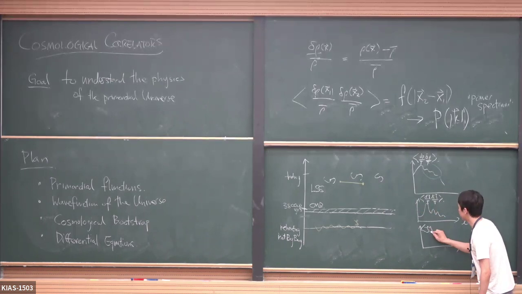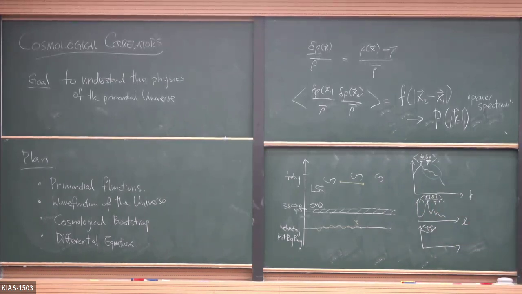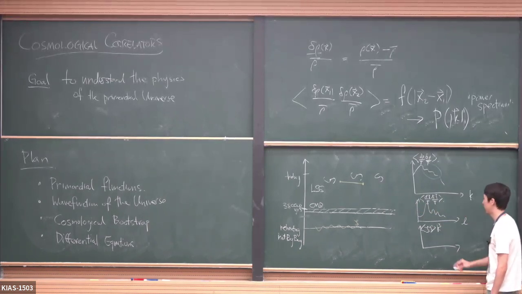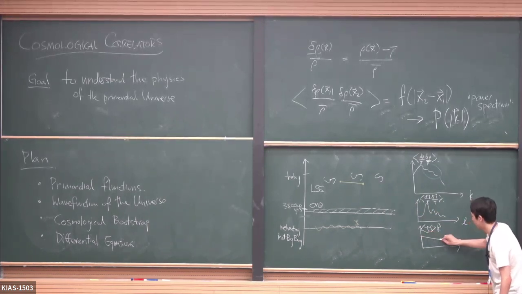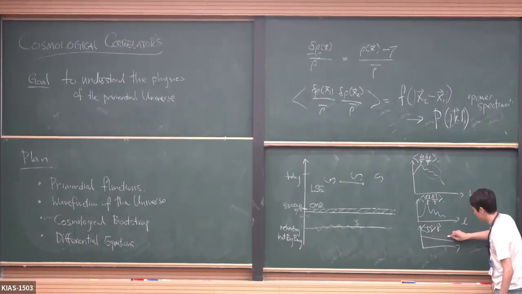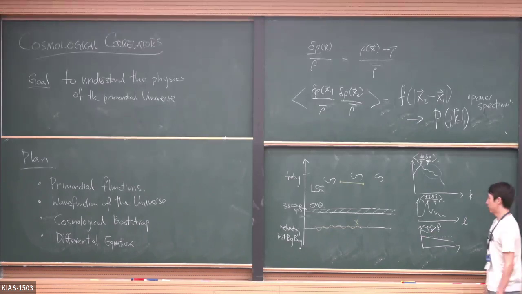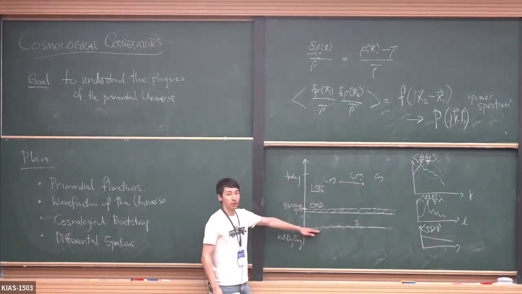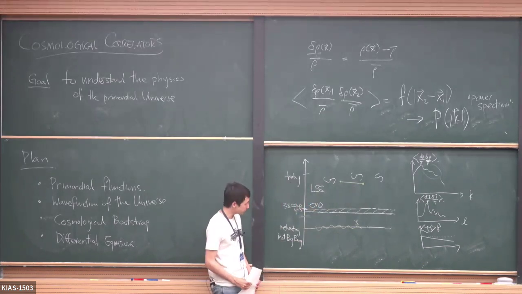If we plot this zeta two-point function in Fourier space, normalized by k cubed, then we see that this spectrum looks almost flat, an almost flat spectrum with a small tilt. So this is what we have observed so far about this initial condition.